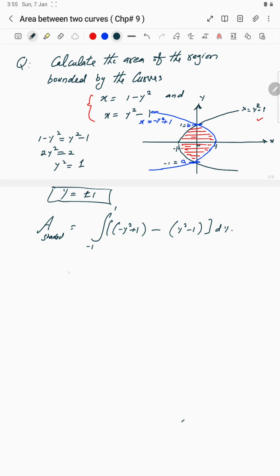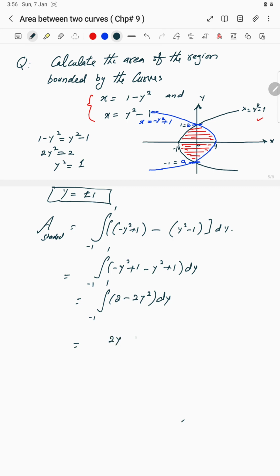But we can solve it by applying the simple rules of integration, or before that you can simplify if you want. Let's simplify first. Minus y square plus 1 minus y square plus 1 d of y, that will be integral minus 1 till 1 of 2 minus 2y square dy. Now you can apply the simple rules.